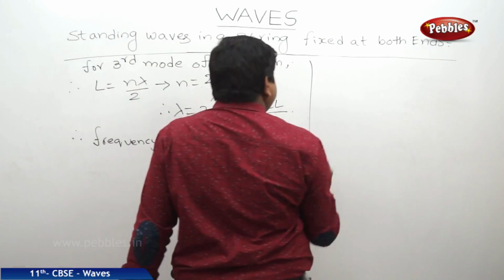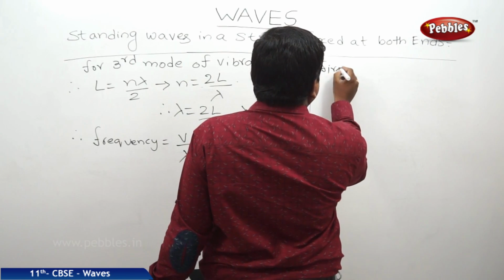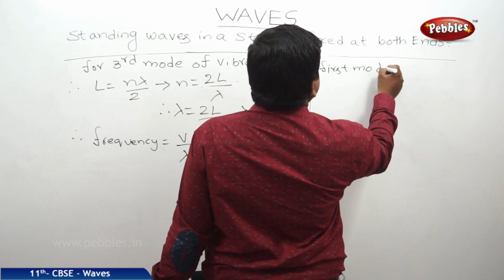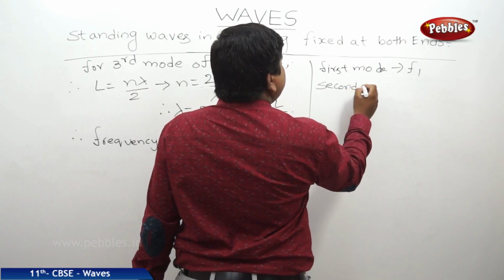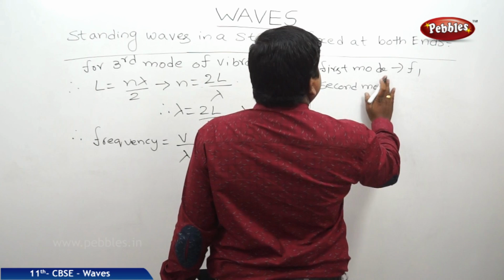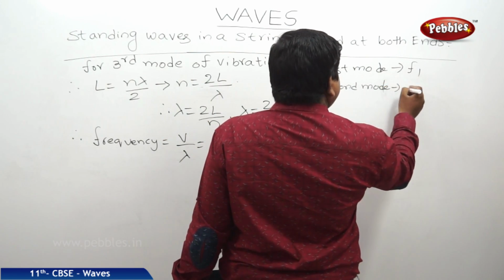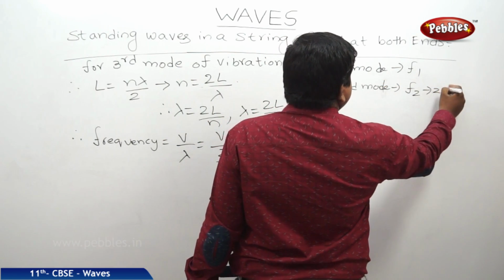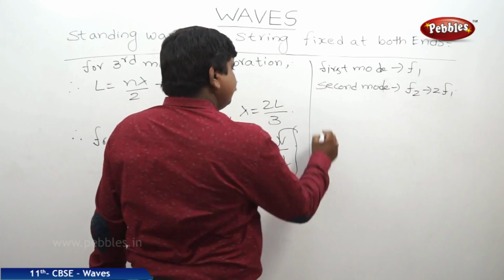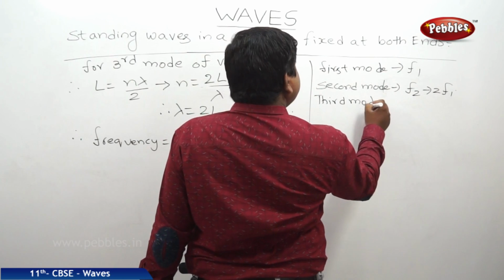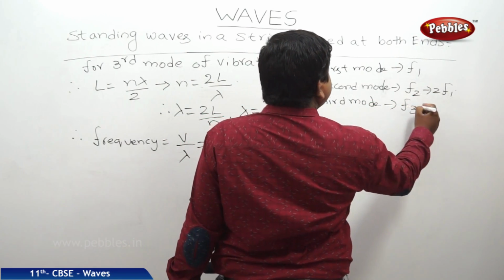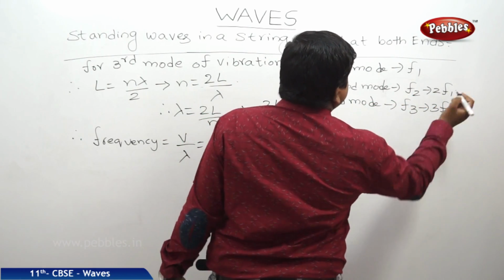So, the first mode frequency is F1. For the second mode, the frequency is F2, but it is 2F1. For the third mode, the frequency is F3 and it is 3F1.